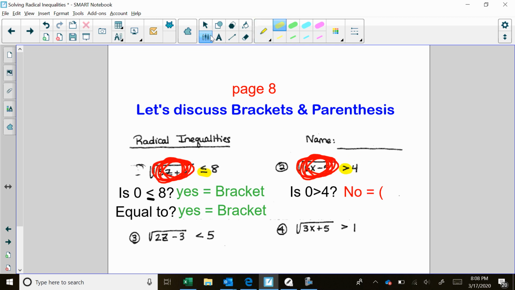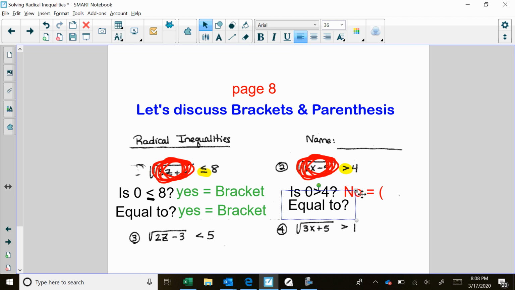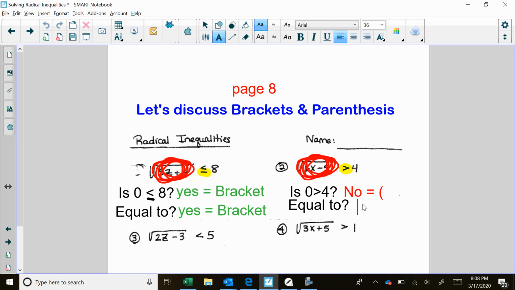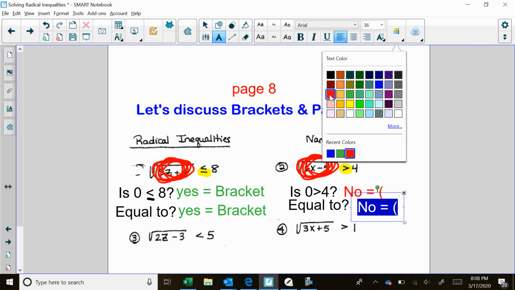Is this equal to? That's the question. Let's see. Is this an equal to? Well, no, it's not. So no, that gets a parentheses also. So this is a problem where both critical points get parentheses.